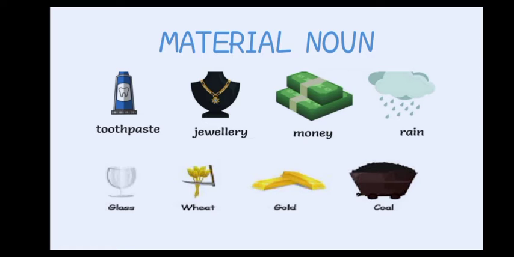It is gold. Now, if I say charcoal or coal, what is the material it is made of? The material tells you the very component or object by which something is made, and that is your material noun.